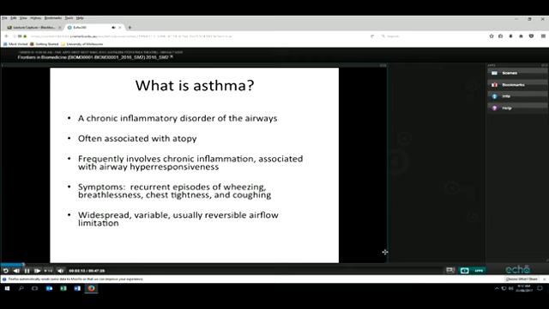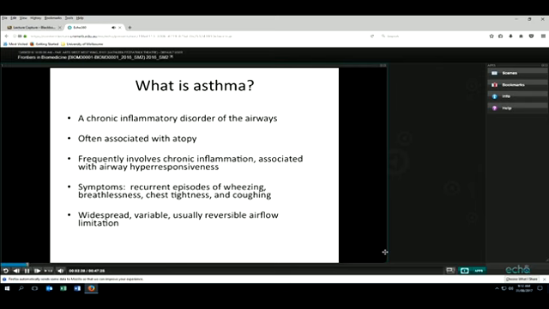And it frequently involves chronic inflammation. That may or may not mean chronic or persistent symptoms, but certainly chronic inflammation is measurable in a lot of patients with asthma. And the hallmark of asthma is airway hyperresponsiveness, and we'll discuss how that translates to pathophysiology and also clinical presentation soon.